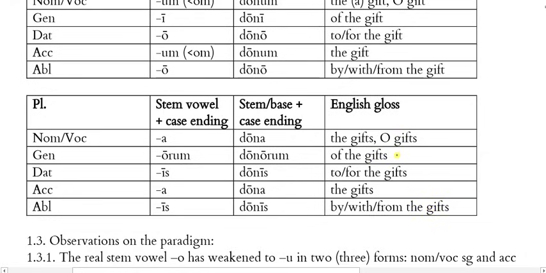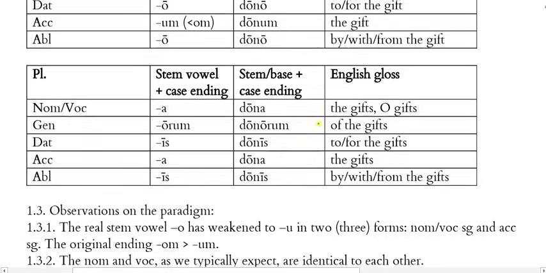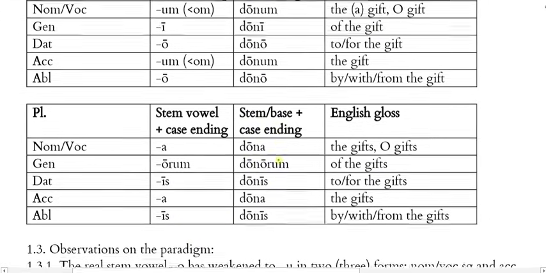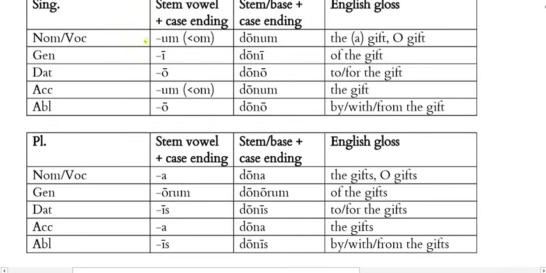So some things to notice here in our forms, observations on the paradigms. Number one, the real stem vowel O is weakened to U in two forms, and technically three, because nominative and vocative singular could be counted as two forms, and then accusative singular here.